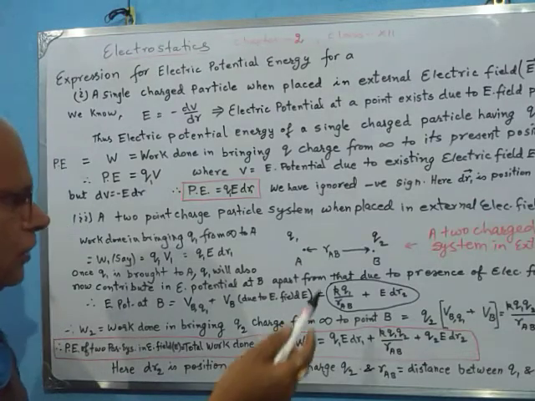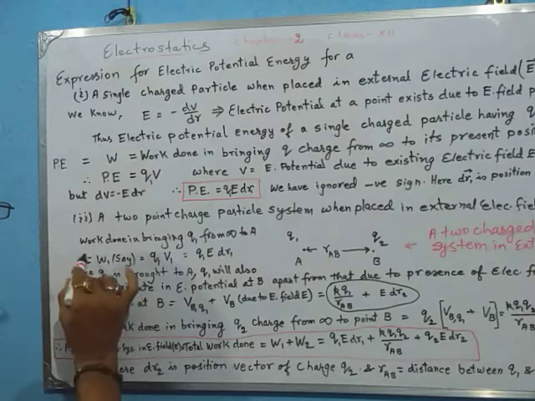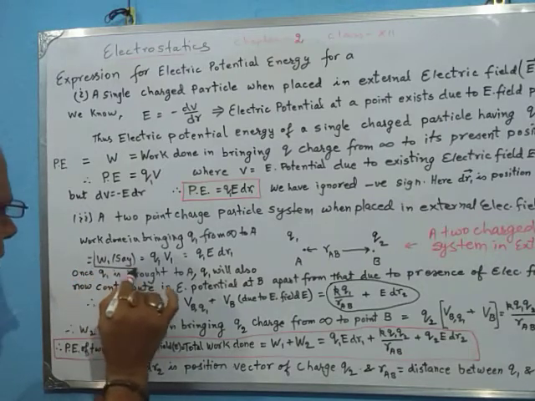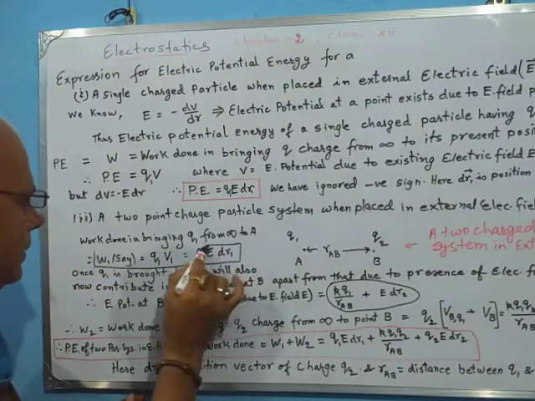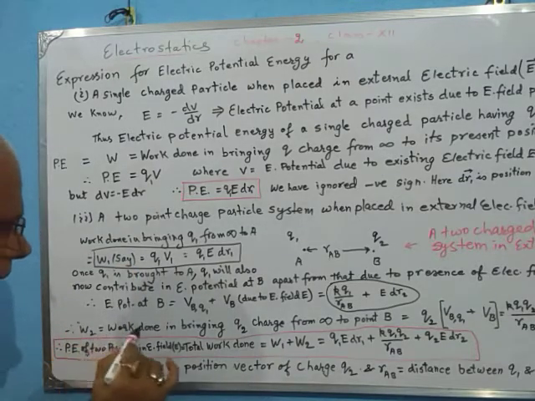As a consequence the total amount of work done will be W1 plus W2. This is W1, the work done in bringing the first charge particle, and this is W2, the work done in bringing the second charge particle.